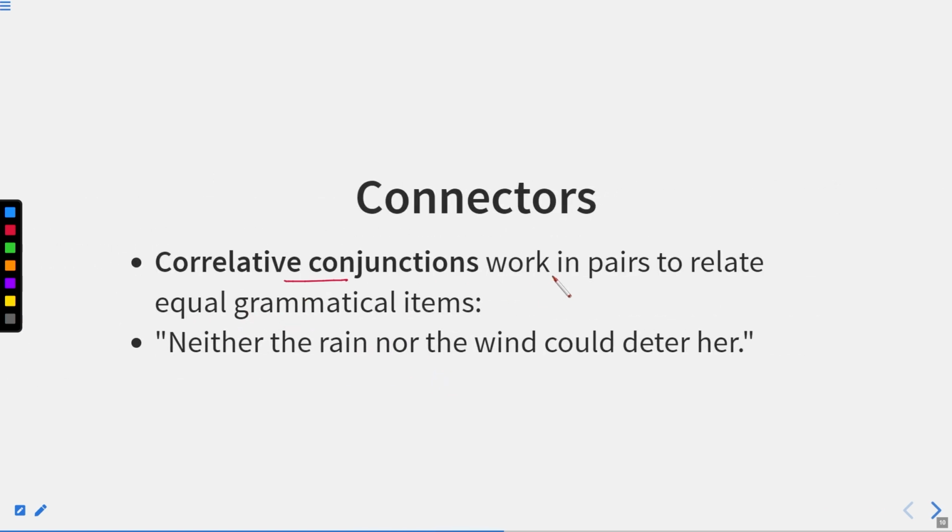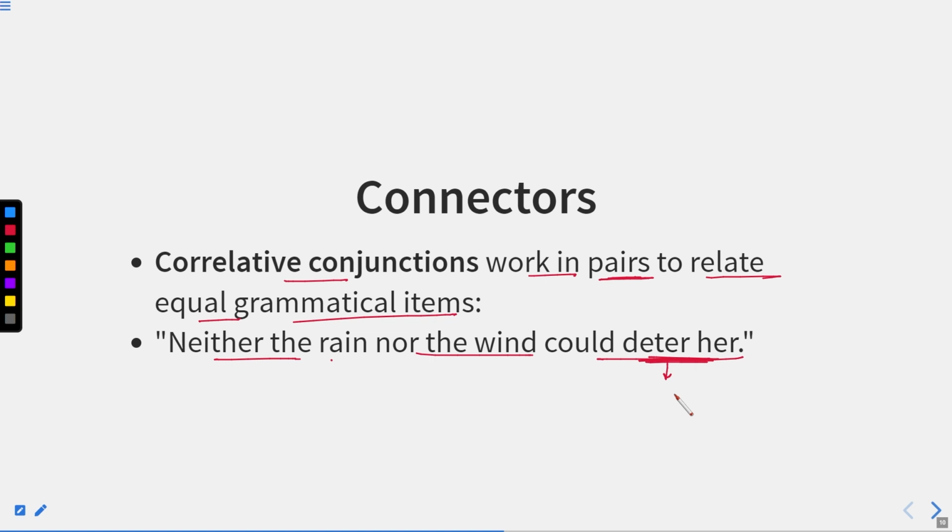Now, correlative conjunctions work in pairs to relate equal grammatical items. Neither the rain nor the wind could deter her. It means neither the rain, it means rain did not, also the wind did not deter her. Deter means you can say diminish in her determination. It means they were not able to disturb her.